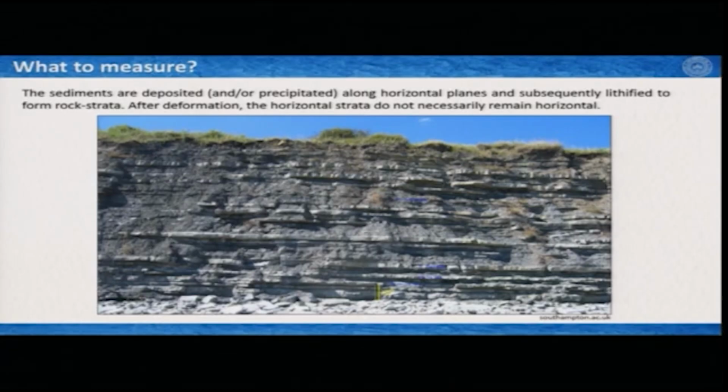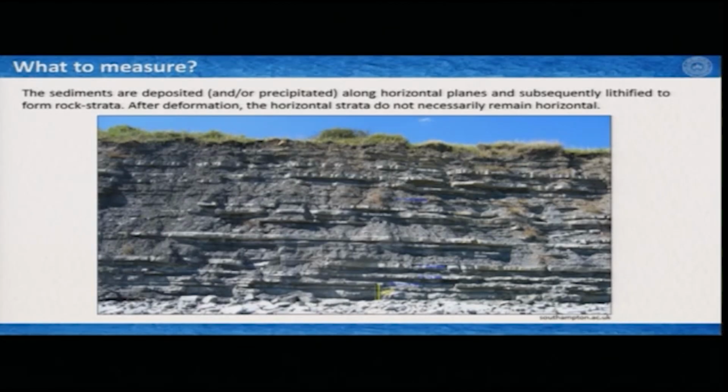Now we know that when we deposit rocks, when the sedimentary layers get deposited, then they generally deposit in a horizontal manner. So all layers initially are horizontal, they get lithified, they also stay horizontal. But if you have visited any deformed terrain, you must have seen that these things do not remain horizontal.